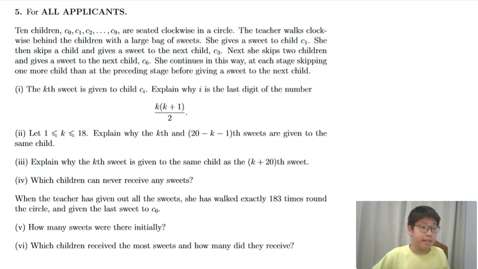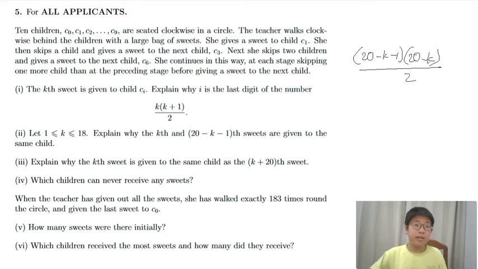Let k be at most 18. Explain why the (20 minus k minus 1)th sweet goes again to the same child. So let's calculate this. (20 minus k minus 1)(20 minus k)/2.